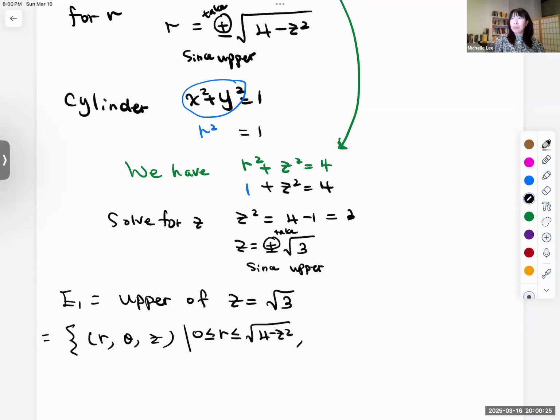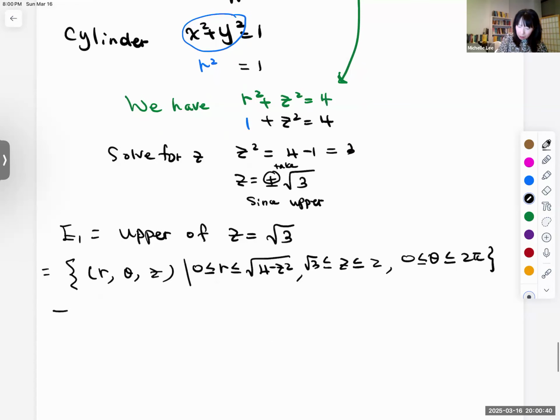Theta we do last. And then z from square root of 3 to the top, which is 2, right? And then theta will be 0 to 2 pi.